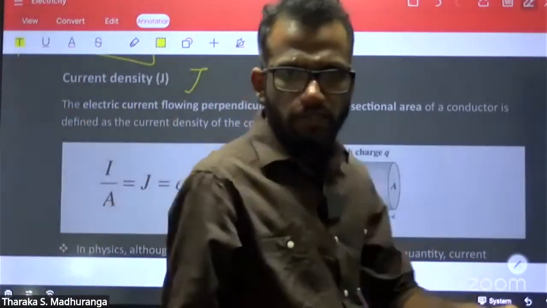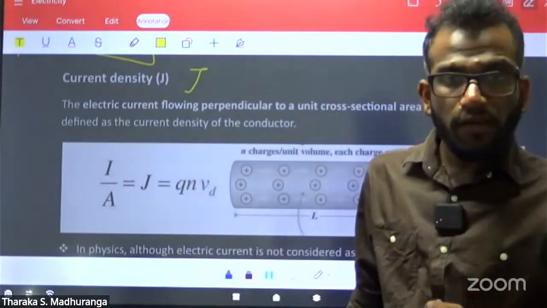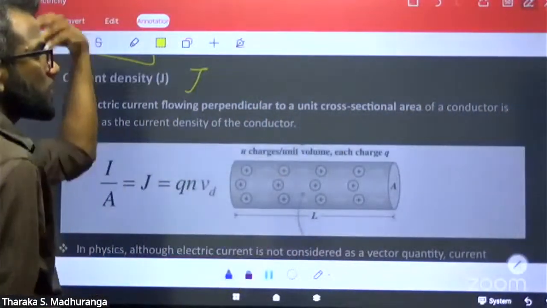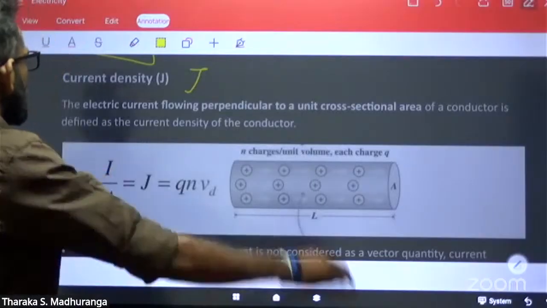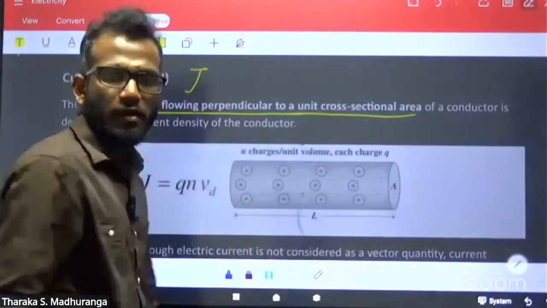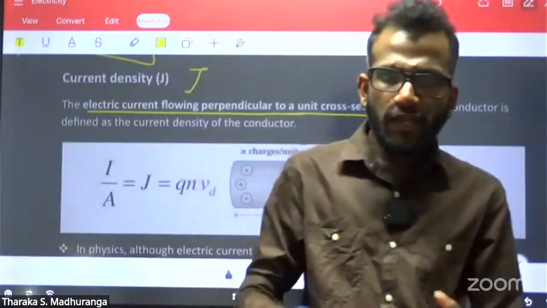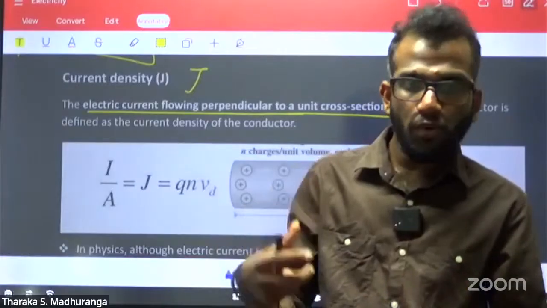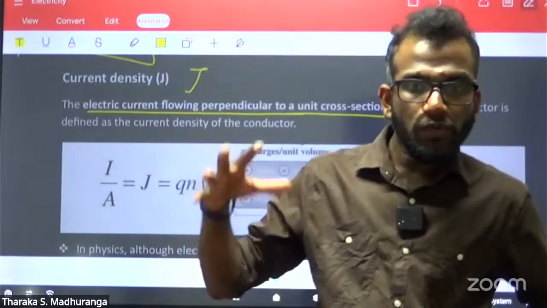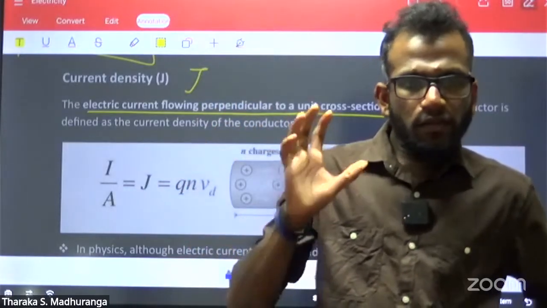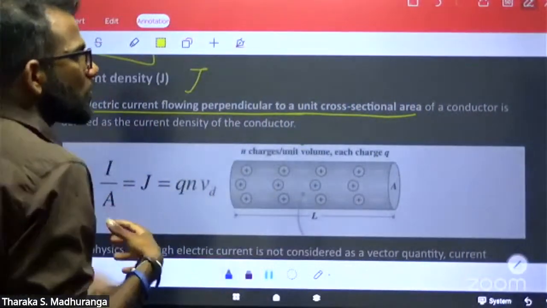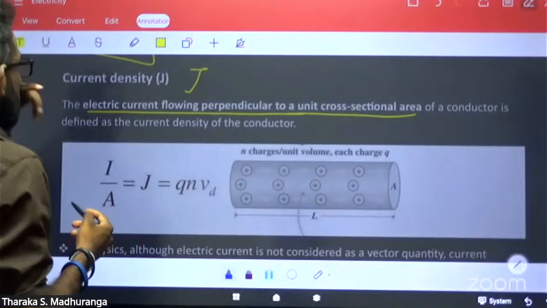Simply, the amount of current flowing through a unit cross section area. That's the meaning. The electric current flowing perpendicular to a unit cross section area. The amount of current flowing through a unit cross section area, that we call the current density.